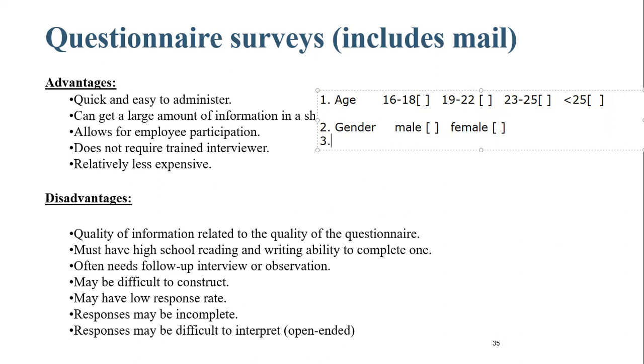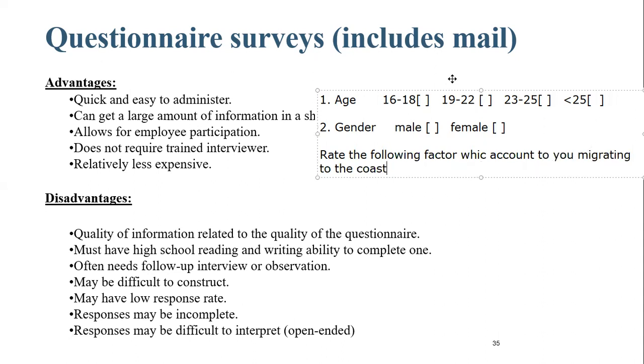You want to find out the reasons for their migration. So for the next set of questions, which are the main body, questions that answer the objectives, you can start: rate the following factors for migrating.